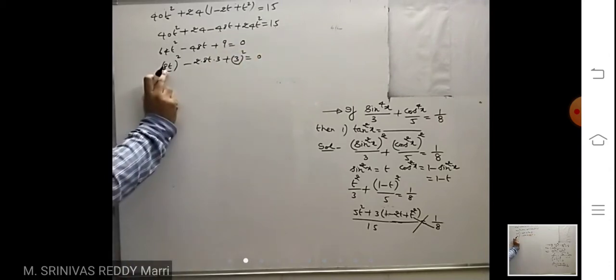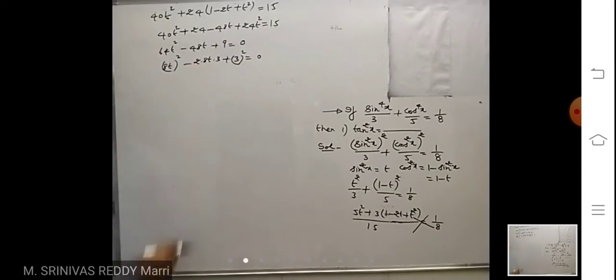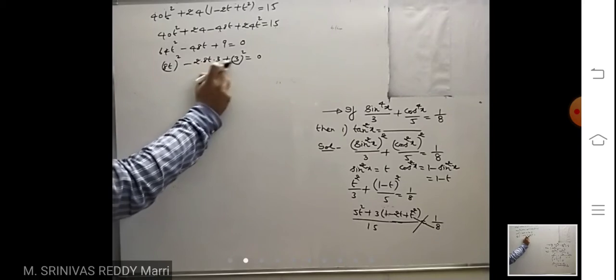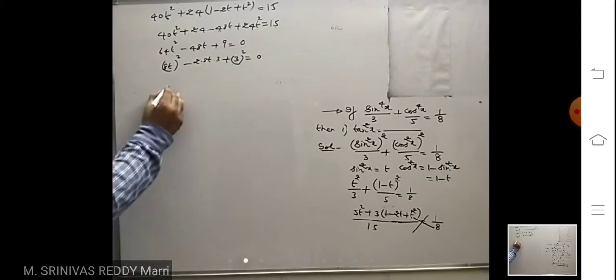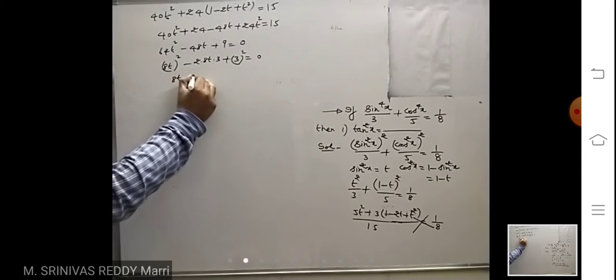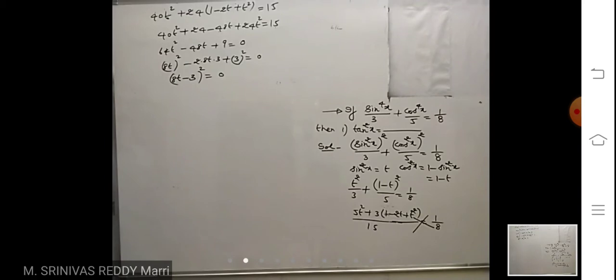Look at here, this is a square, 2 into 8t into 3, that only. So a square minus 2 into a into b plus b square is nothing but a minus b whole square. That means you will get 8t minus 3 whole square equal to 0.